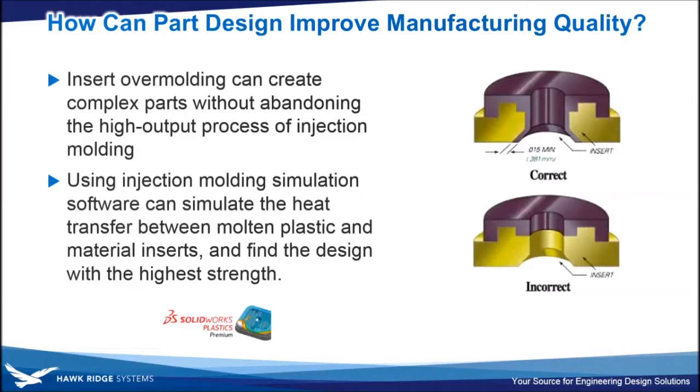Traditionally, it works by taking either a metal or a plastic piece of material that's been manufactured some other way and putting that so-called insert into the cavity of an injection mold and then injecting molten plastic around it, ideally bonding the two materials together and creating a part that's made out of two different substances. So this is useful for things like connectors, where you need electrical conduction through some metal parts in the component, or maybe a part that has one plastic that's stronger than another one for a different kind of surface finish, things like that.